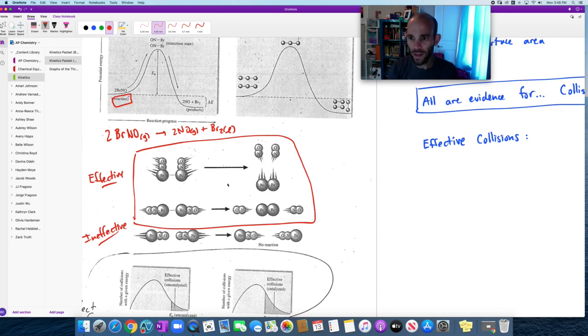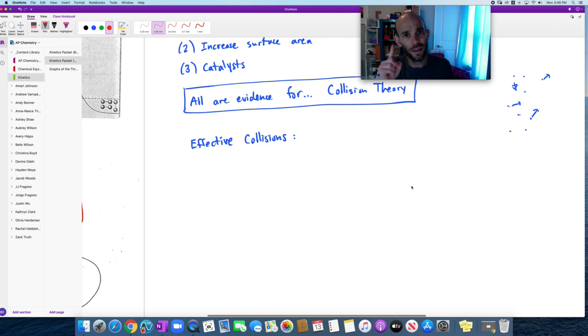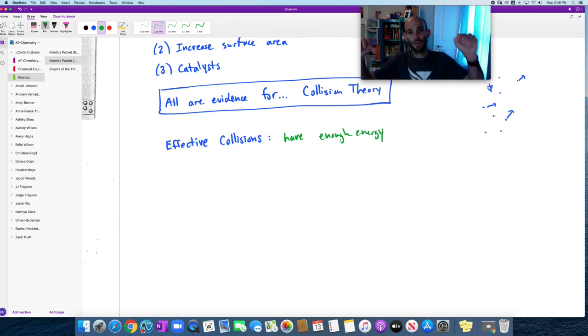Okay, so let's go ahead and define what an effective collision is. And keep in mind that not all collisions are effective, but an effective collision is a collision, of course, that leads to the chemical reaction happening. So effective collisions have enough energy. We can imagine if maybe the molecules collide very, very slowly and lightly.